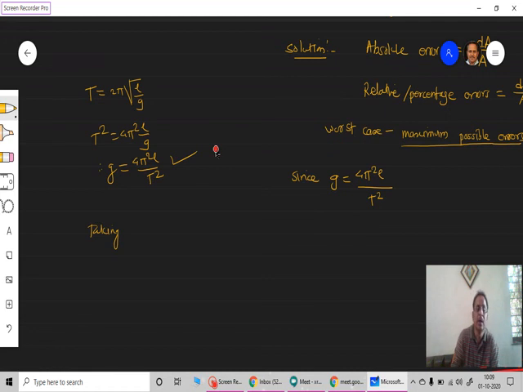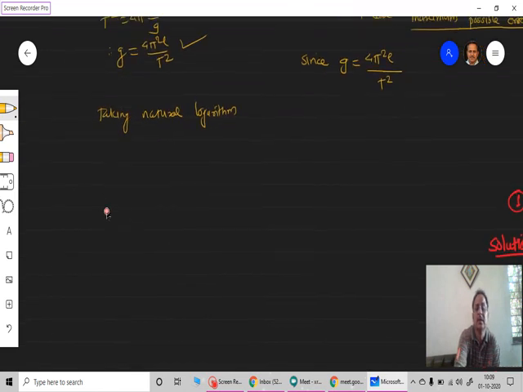So taking natural logarithm, we will get ln g is equal to ln of 4 pi square plus ln of L, and if you want, write this in brackets, minus ln of T square.